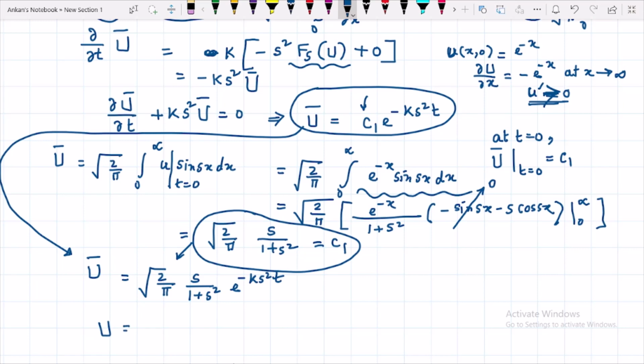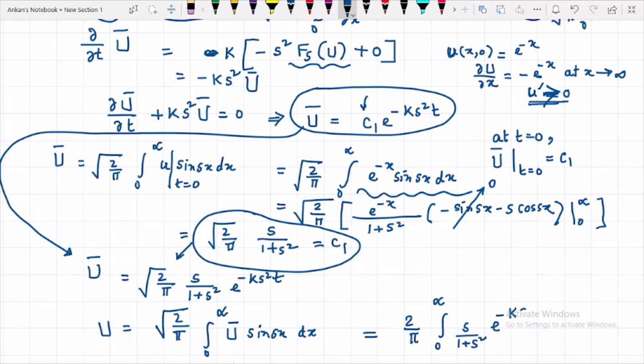So u can be obtained by the inverse Fourier transform, root 2 by pi integral 0 to infinity u bar sin sx dx, which means 2 by pi integral 0 to infinity s by 1 plus s square e to the power minus k s square t sin sx dx.